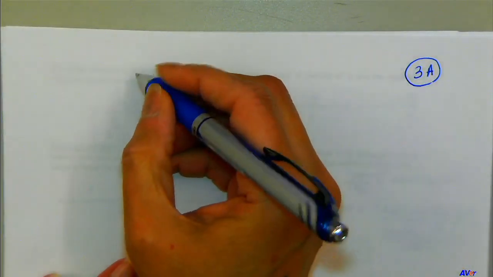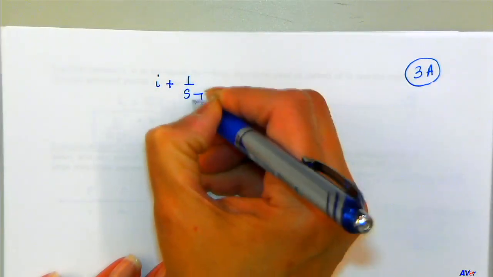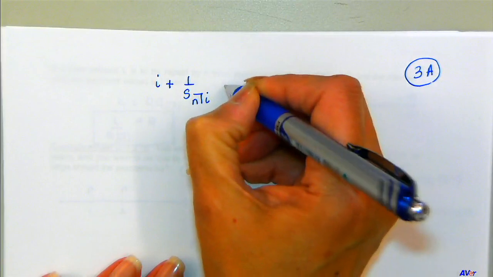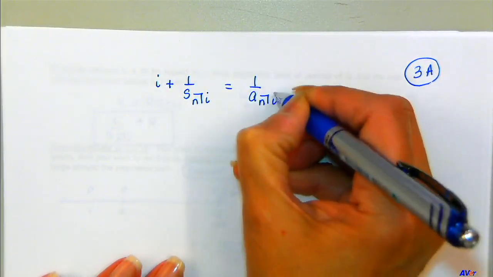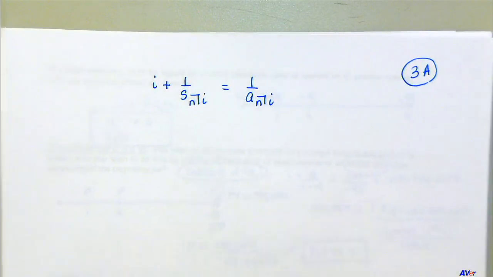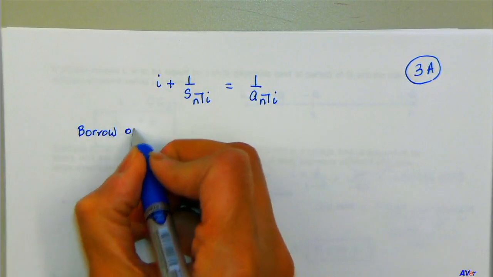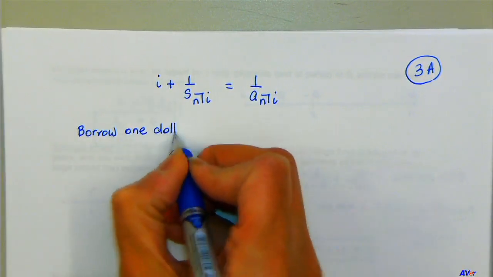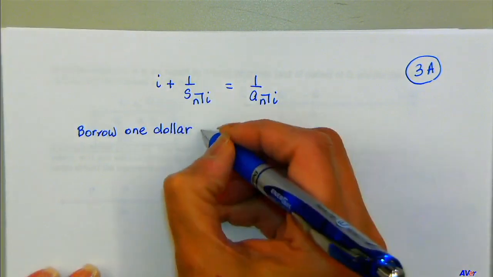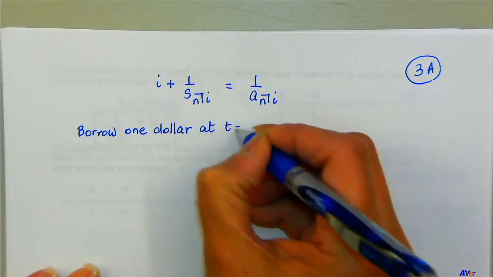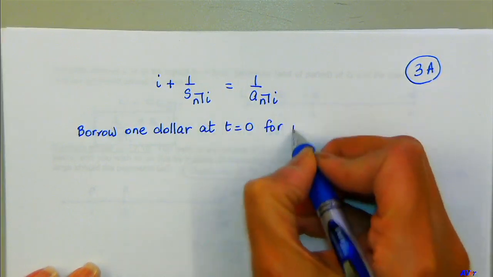So, i plus 1 over s angle n i equals 1 over a angle n i. Borrow $1 at t equals 0 for n periods.